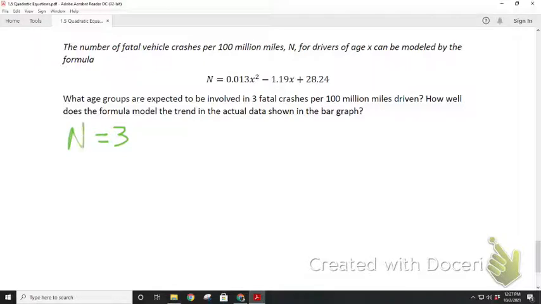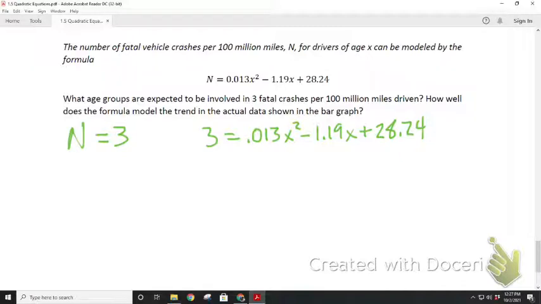It is N. So I plug 3 in. Now I have one variable. I have an X, and I can solve that.